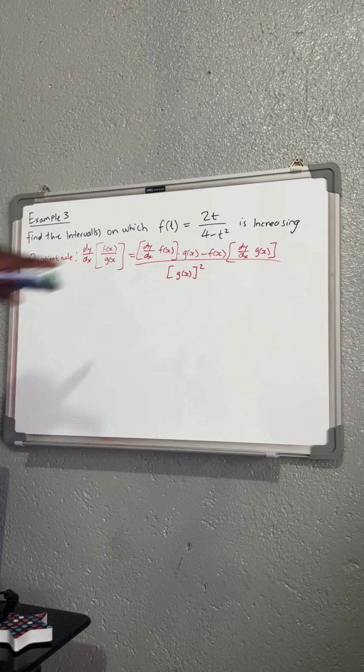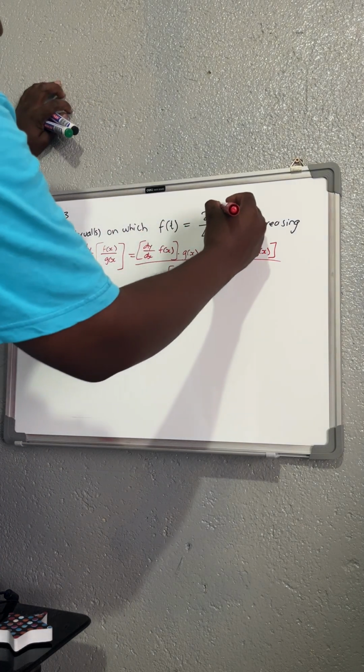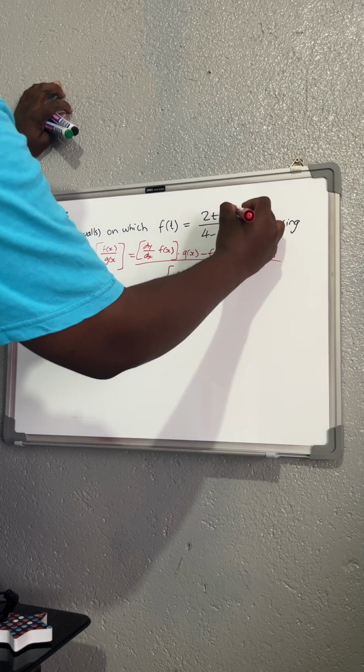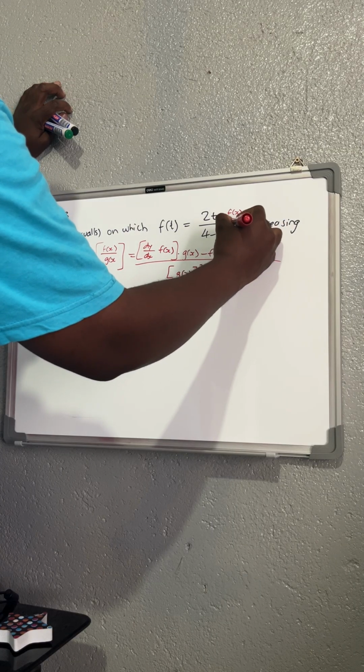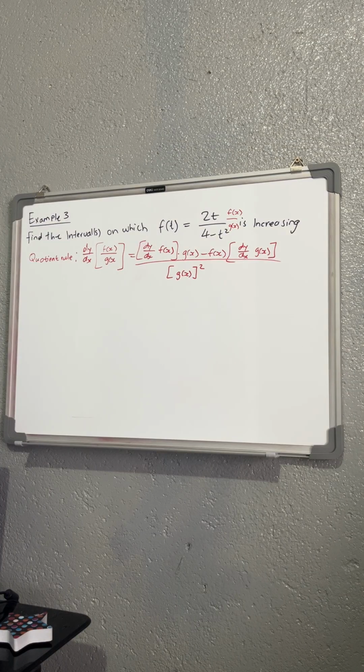So in this, we'll just pretend that this top one we're having f of x, then in the bottom we're having g of x. Then we're going to continue and do the problem like that.